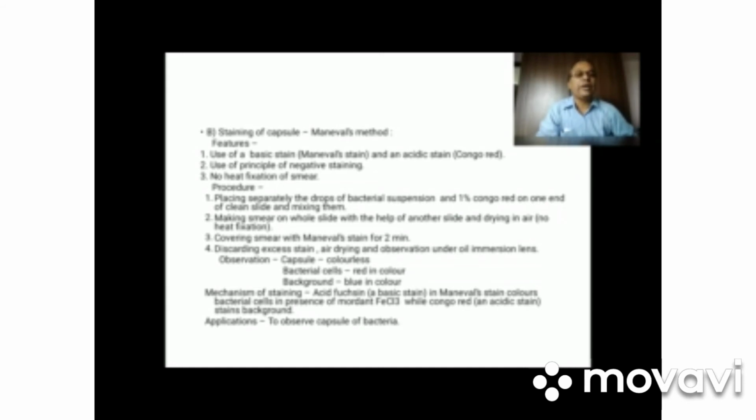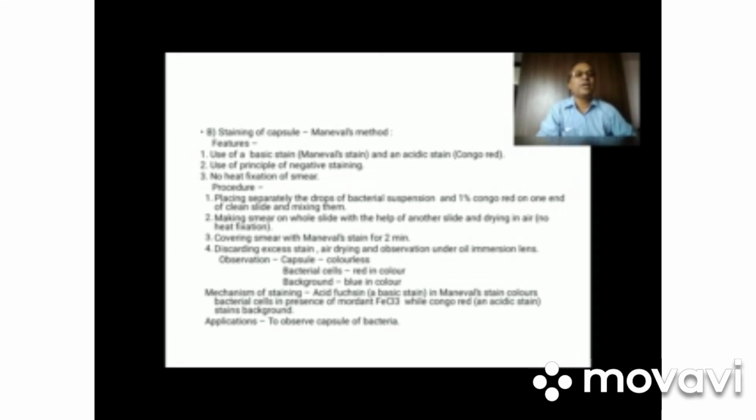And the Congo red colors the background because it is an acidic stain. The capsule remains colorless. The reason is that capsules are non-ionic in nature, meaning they do not have any electrical charge, and hence they do not have affinity for either acidic or basic stain, and that's why the capsule remains colorless.